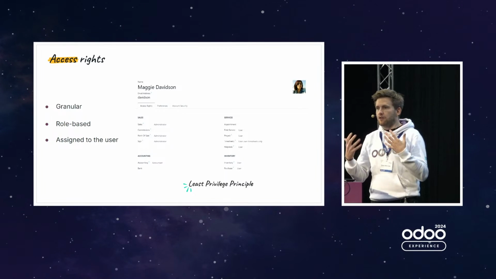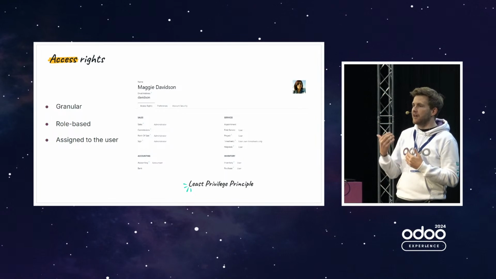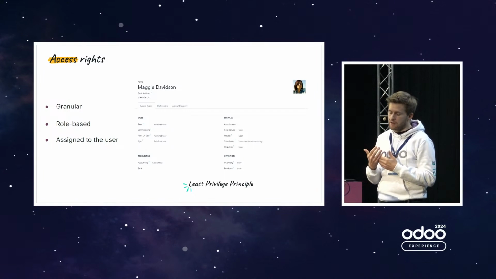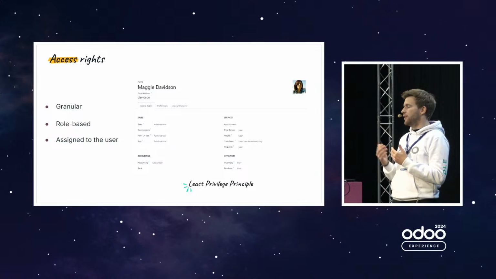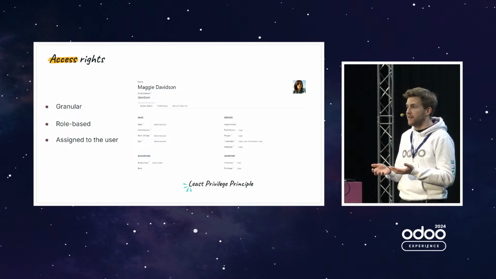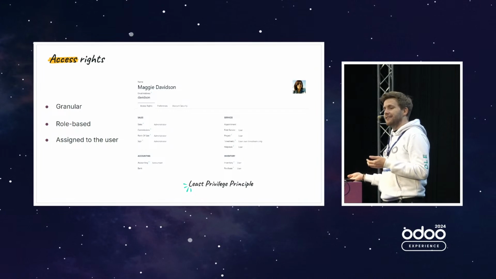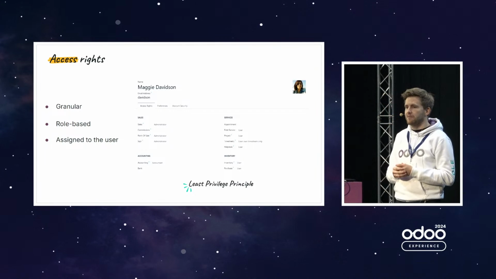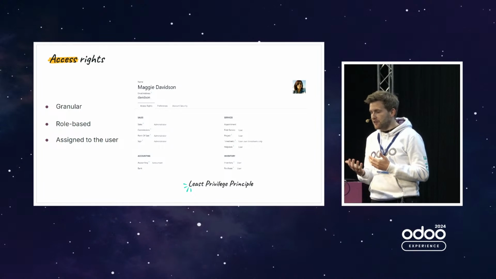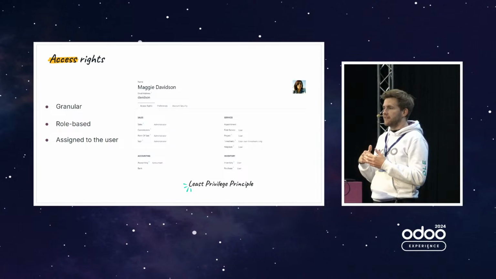As Odoo grows, we need to pay more and more attention to the rights we give. It needs to be as least access as possible for each employee. This is not that we don't trust the employees; it's more that if their account gets leaked, the attacker has as little access as possible. In Odoo, each user has a list of groups you can assign, and it's role based.